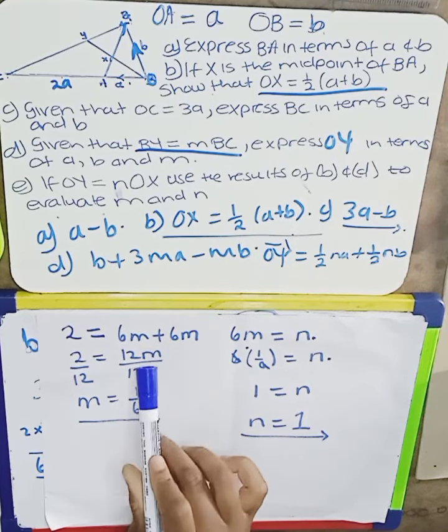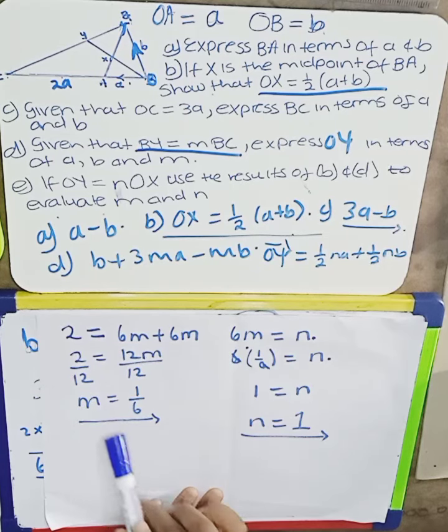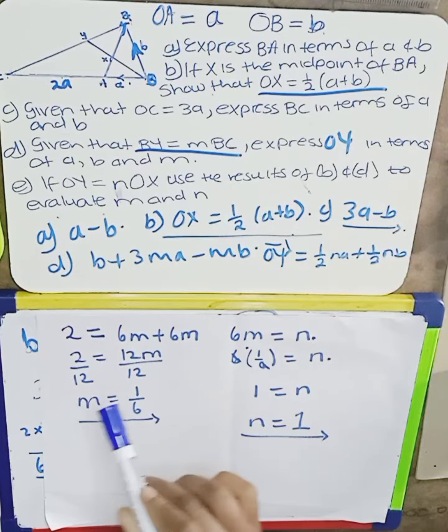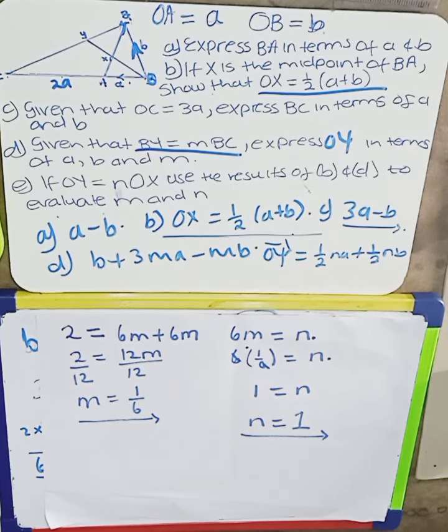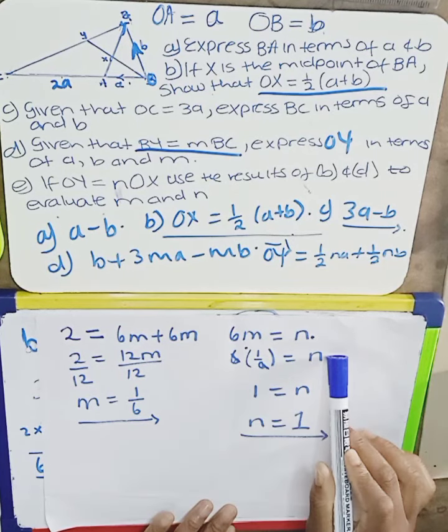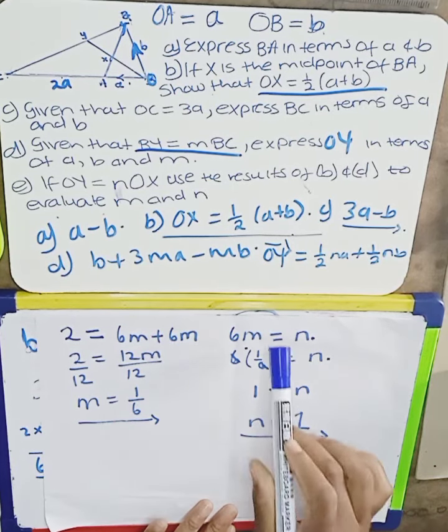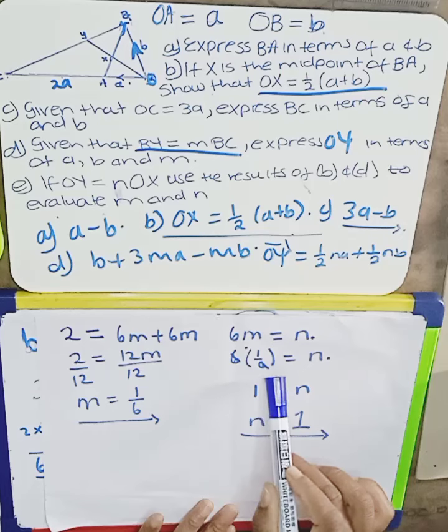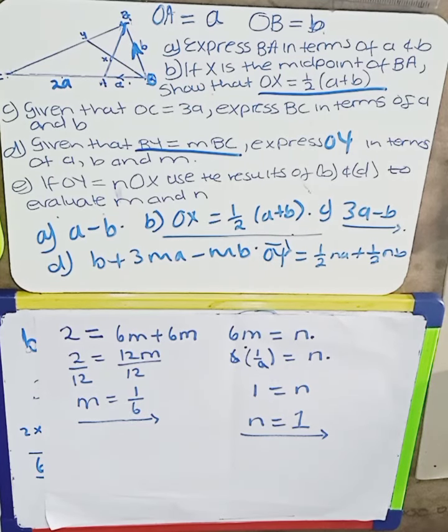And when we divided by 12 both sides, we got our value for M as 2 over 12, which is exactly 1 over 6. With 6M being equal to N, we then said in place of M, let's write 1 over 6. The 6's cancelled out, and we remained with our value for N as a 1. Okay, so this marks the end.